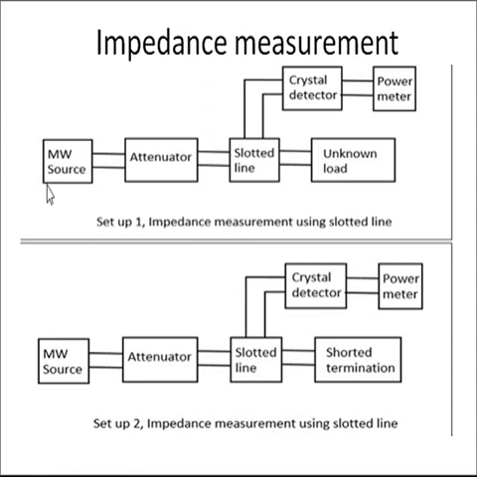In setup 1 we have the source, attenuator and slotted line, and on the other end of the slotted line we have connected the unknown load, and on the second end of the slotted line, that is a transmission line, we have connected the crystal detector and the power meter. Here we can have the possibility of impedance mismatch, so we can have reflections back towards the transmission line.